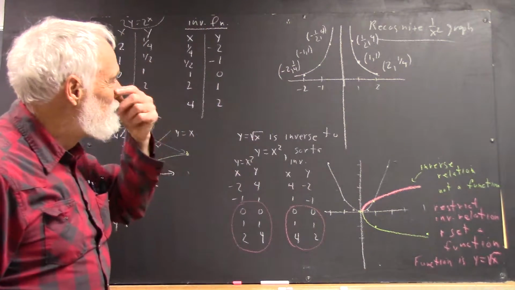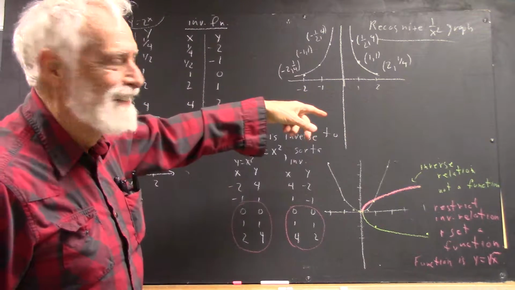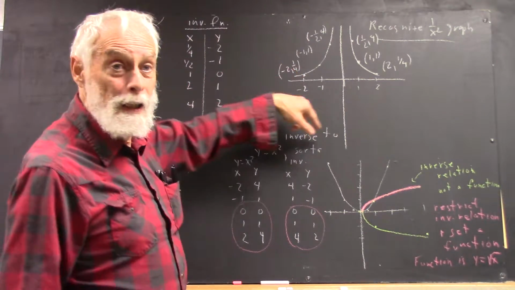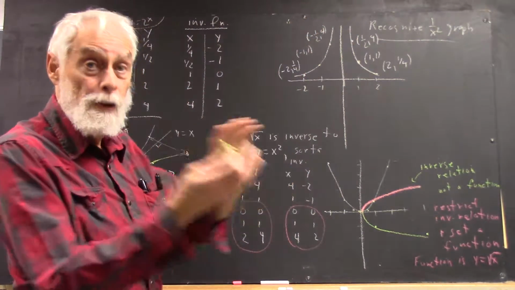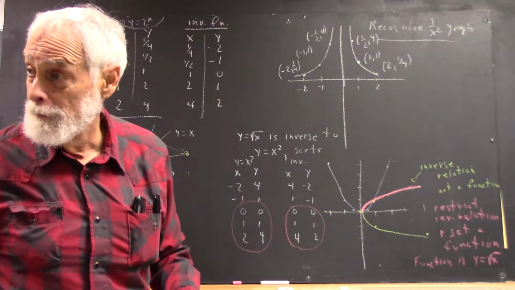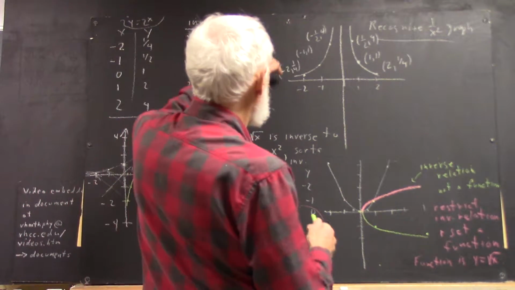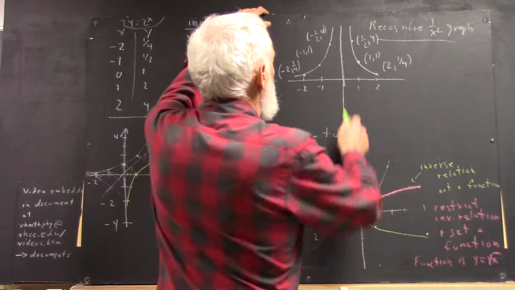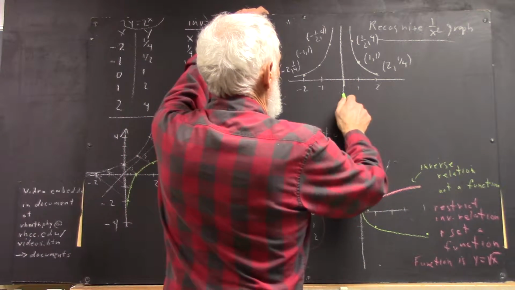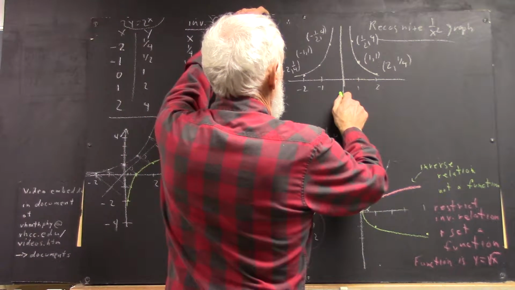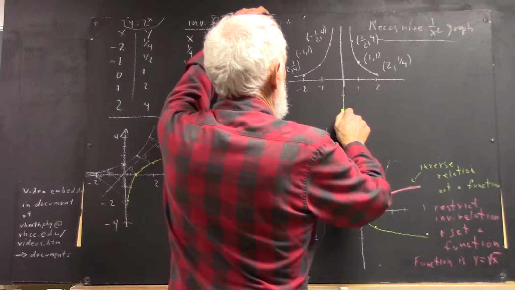Now, okay, so I can plot all these points, switching the x's and the y's, can't I? So let's say -2, 1/4 would become 1/4, -2. So let's go ahead and get our -2 and -1 here.